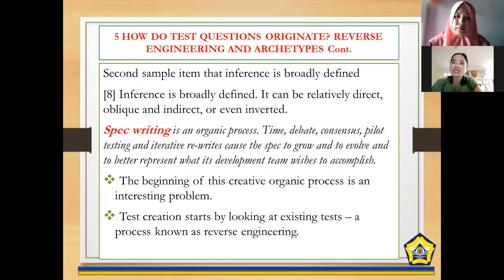Let's continue. In the second sample item, inference was broadly defined. It can be relatively direct, oblique, indirect, or even inverted. So spec writing is an organized process of time, debate, consensus, pilot testing, and rewriting that causes the space to grow and evolve and better represent what its development team wishes to accomplish.